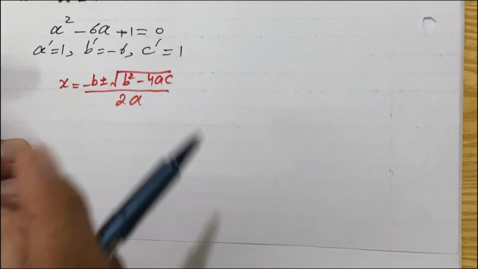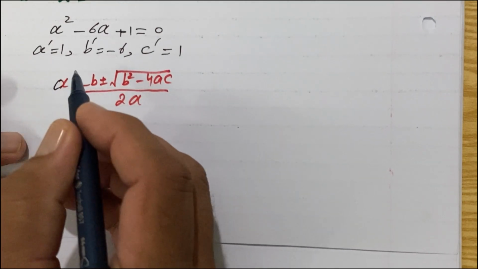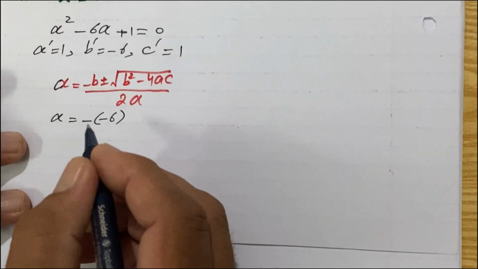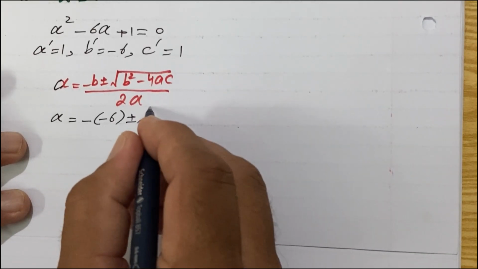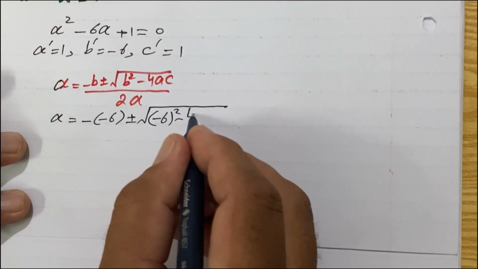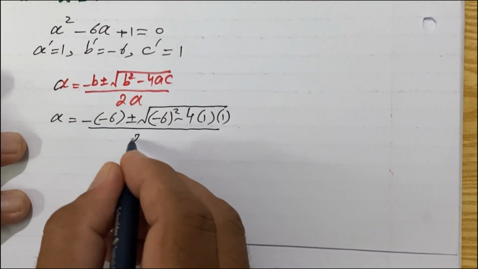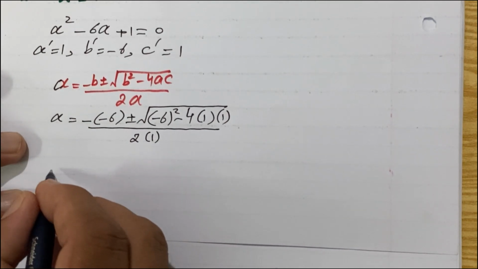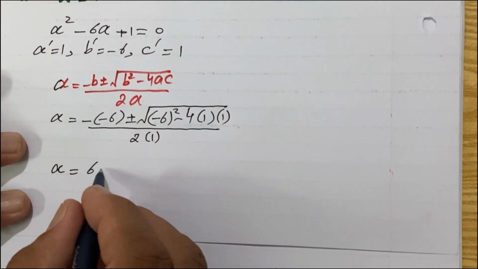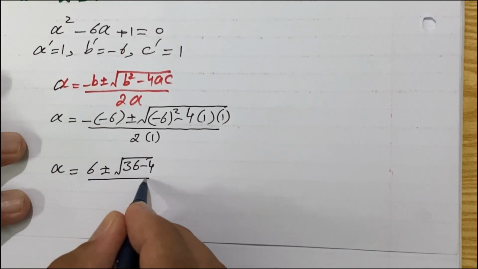is equal to minus 6 plus minus under root minus 6 whole square minus 4 into 1 into 1 over 2 into 1 is equal to 6 plus minus under root 36 minus 4 over 2.